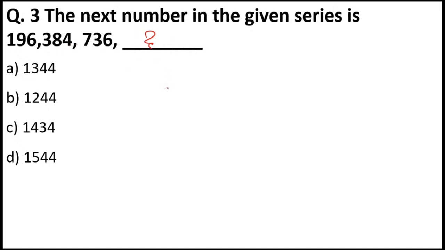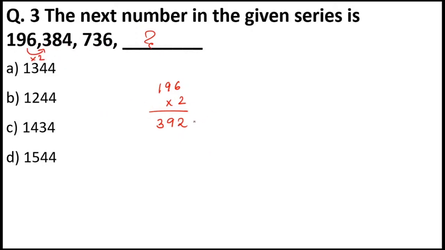So students, 196 into 2 is how much? 392. When we multiply this number by 2 we get 392, but here 384 is written.